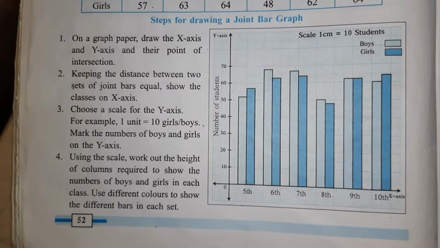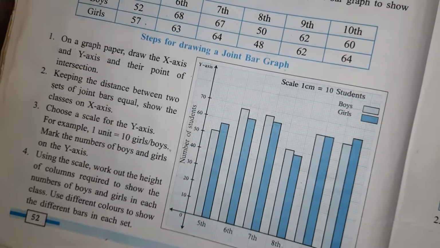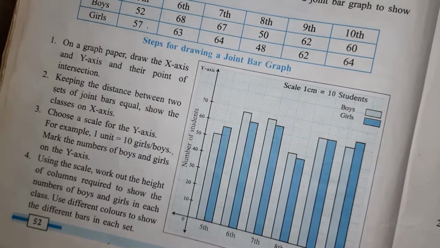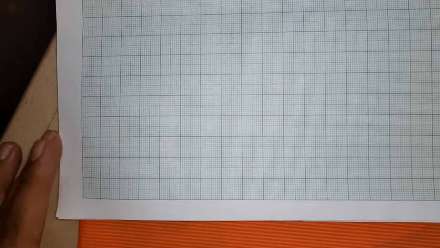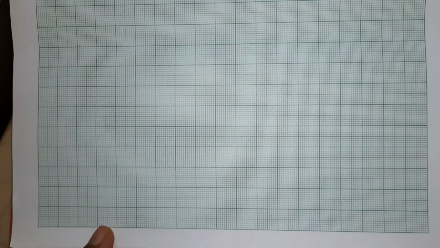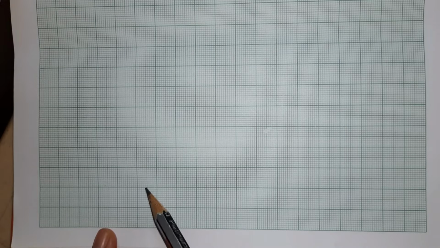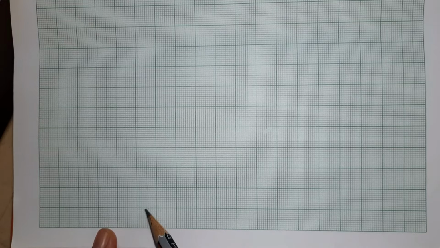So let's draw this graph on a graph paper. Let's begin. So this is a graph paper. First we have to draw the x-axis. So सबसे नीचे approximately जो सेकेंड डार्क लाइन होती है, फर्स्ट वाली डार्क लाइन छोड़ देना है.